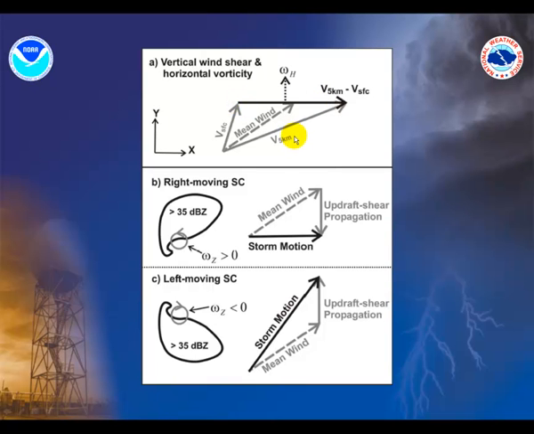Doing the calculation for the right moving and left moving supercells, you have the mean wind and you draw perpendicular to the bulk shear vector 7.5 meters per second to the right for the right mover, and your resultant storm motion is there, and 7.5 meters per second to the left of the mean wind tip, perpendicular to the shear vector, for your left mover. And so there you have it.